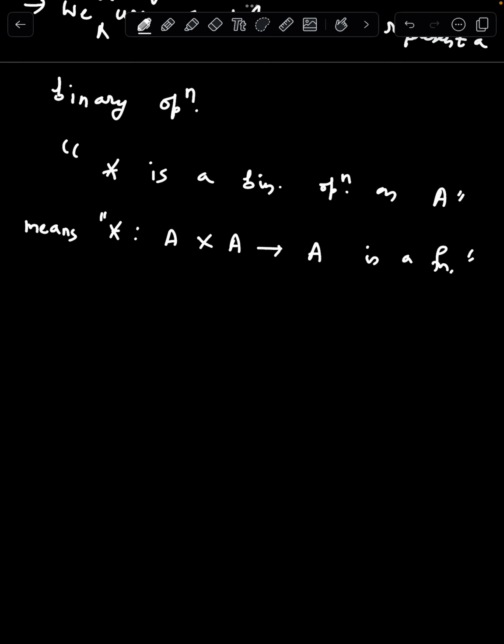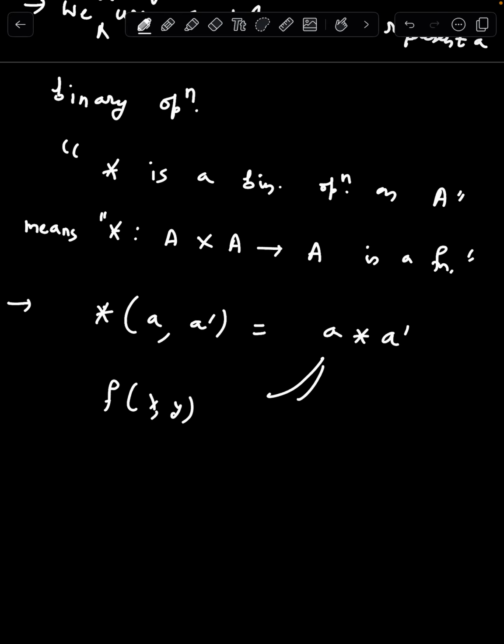Another thing is that star is a function. Let's say we're talking about star of A comma A, right? We usually denote this by A star A. So like f of x comma y is now being denoted something like this.